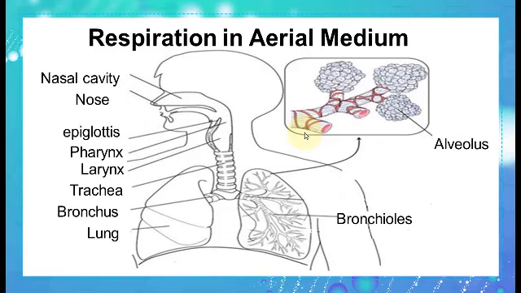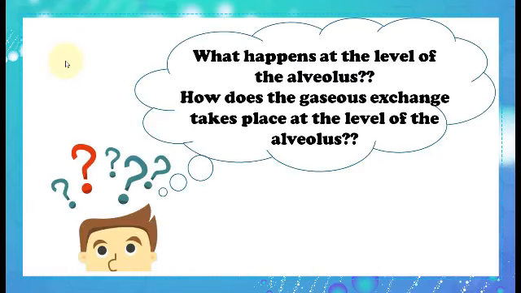We learned that the inhaled air, which is rich in oxygen gas, enters our body through the nose till it reaches the alveoli, while the exhaled air, which passes in the opposite direction, comes from the alveoli and leaves our body through the nose. But what happens at the level of the alveolus? How does the gaseous exchange take place at the level of the alveolus?